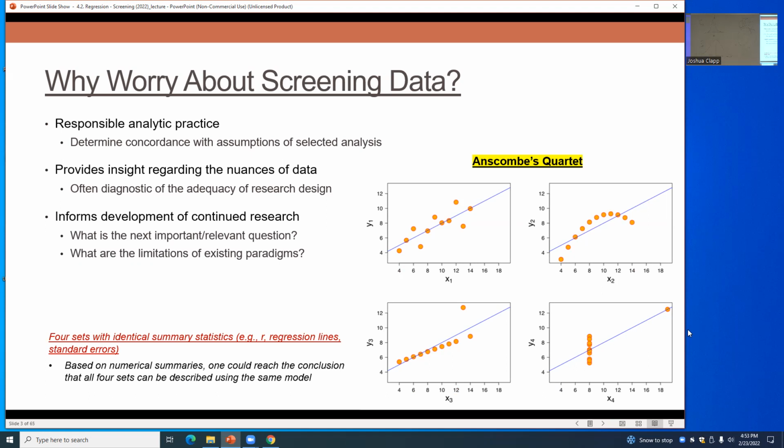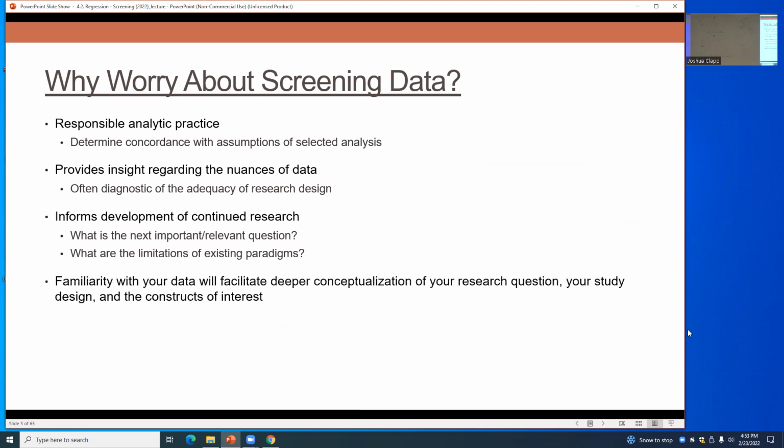So this is why visually inspecting your data is so important to see what's going on, okay? If you start to look at your data and spend some time with it, you're going to spend the most time you spend with anything in terms of screening, trying to identify stuff. This is going to give you raw time with your data, your research question, your design, constructs of interest.